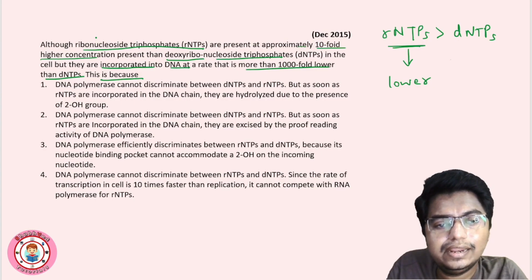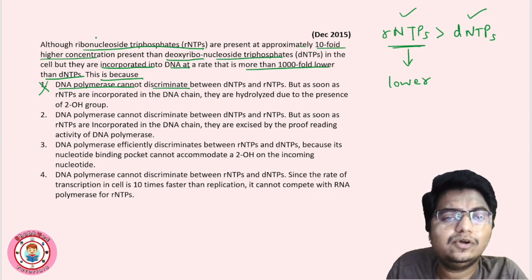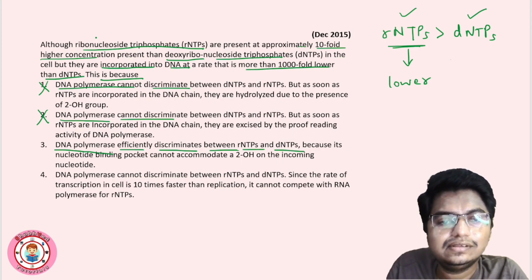Let's check the options. DNA polymerase cannot discriminate. Wrong. We know that DNA polymerase can discriminate between these two. DNA polymerase is a specialized enzyme, right? So it can discriminate. Again, DNA polymerase cannot discriminate. Wrong. Next, DNA polymerase efficiently discriminates between RNTPs and DNTPs. See, from the statements also you can understand.